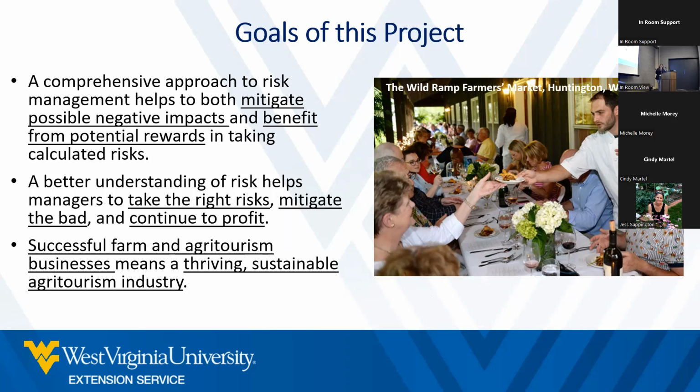And it really helps people take the right risk, mitigate the bad, and continue to profit. Because like I said before, we really want people to hone in on that business planning so that they have successful business agritourism operations.